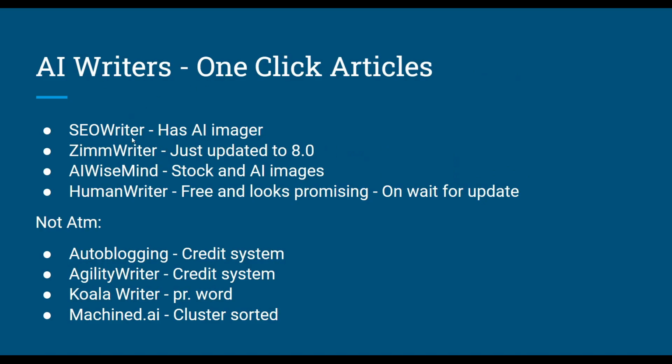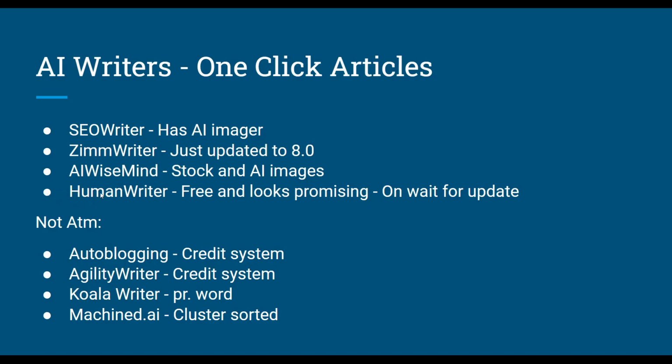The AI writer, again, it's SEO Writer. I've done the 700. I'll make a video on that shortly. It's not published. I'm currently doing the SimpleWriter articles. That's just updated to 8.0, and I'm just trying to get a hang of that. The human writer, like I said, is postponed a little bit.